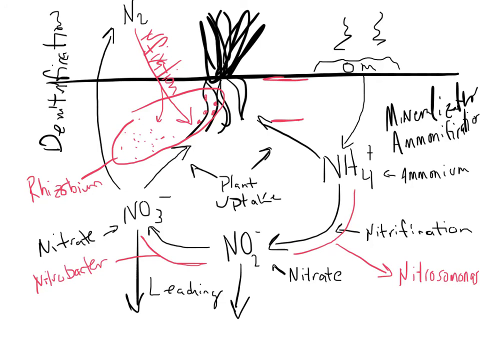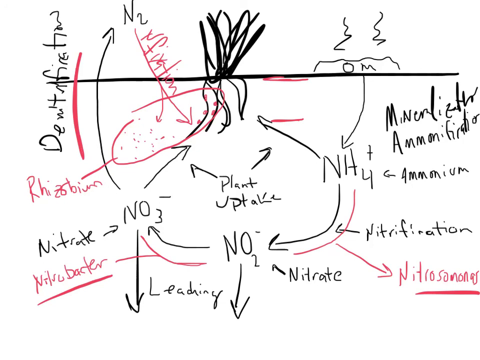These two processes that Nitrosomonas and Nitrobacter instigate require there to be oxygen in the system, so an aerobic type system. This over here that we mentioned does not require oxygen, or actually thrives under an anaerobic type process.